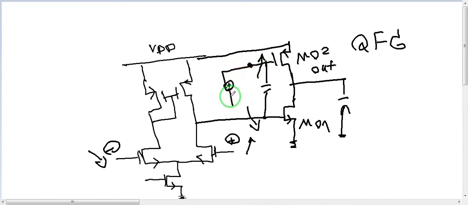So the idea is to use a very high impedance pseudo resistor instead of attaching them in the conventional way, where you can attach them with a very large resistor, on the order of giga ohms.